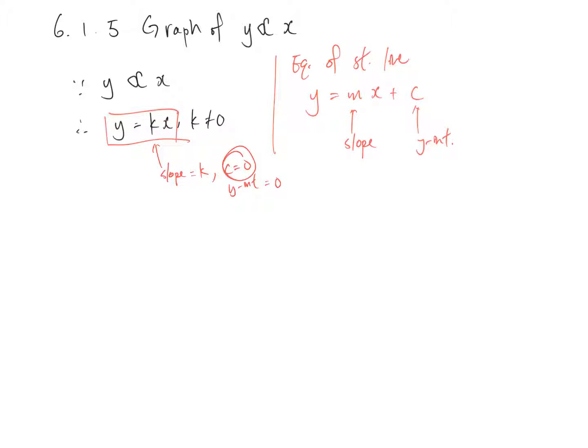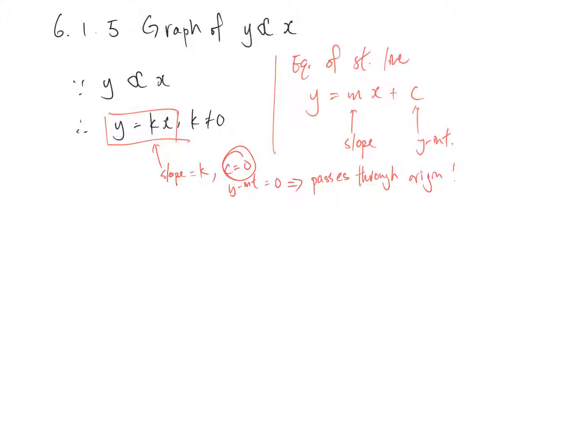And surprisingly, when the y-intercept is 0, this means that this equation of a straight line passes through the origin.